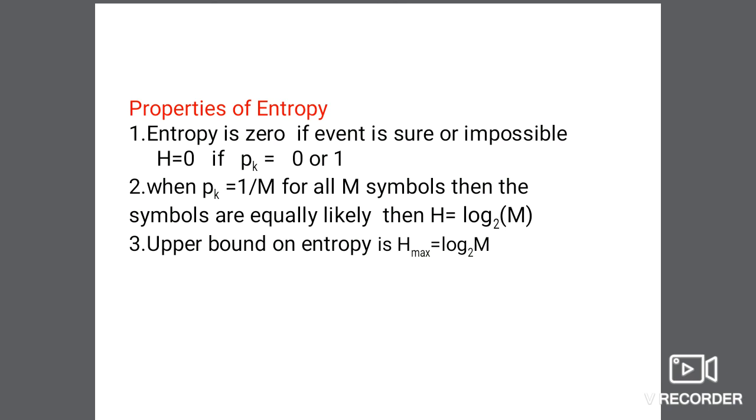Second, when pk is 1 upon m for all the m symbols, equivalently, for such a source entropy H is equal to log base 2 of m. Then the upper bound on entropy, H maximum, the limit of maximum entropy, is log base 2 of m.